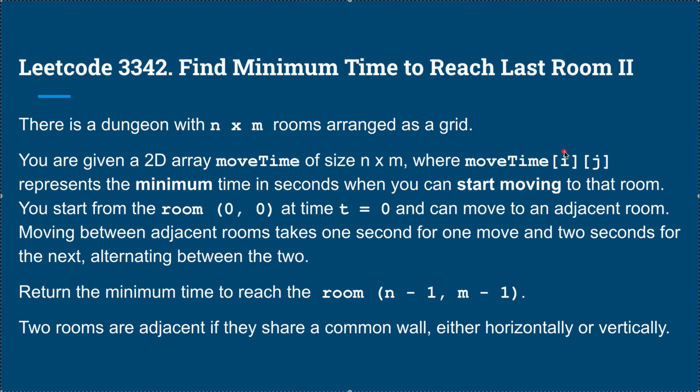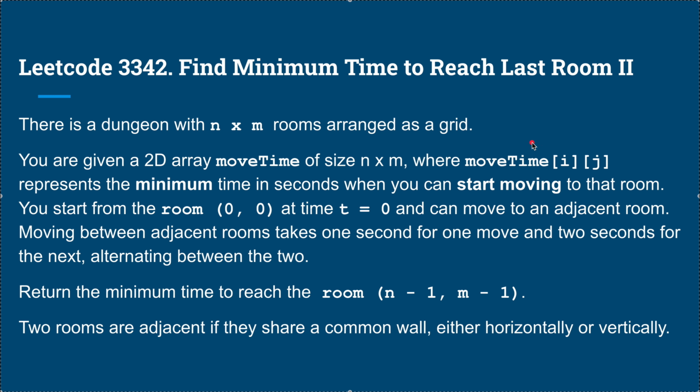You can only move up, down, left, right, because this is a grid. This is not given in the statement, but you have to think like that, as I told you yesterday. Similar thing you have to understand.